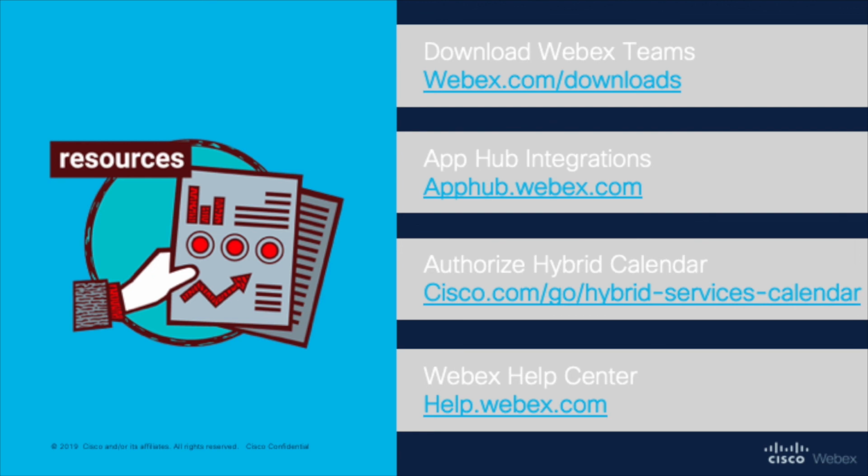We have a slide, the previous slide, that we'll also send out in a document as a follow-up item to everybody that's joined this webinar. And you can go to cisco.com/go/hybrid-services-calendar, and it goes through all the details of how you need to configure that. Like I said earlier, Office 365 and Google are really easy.